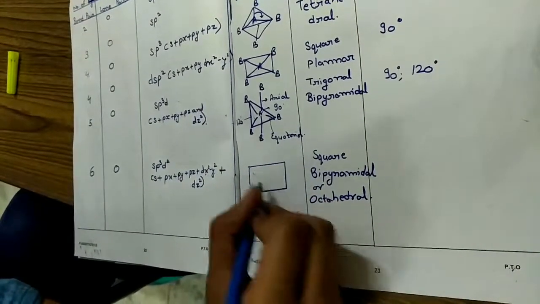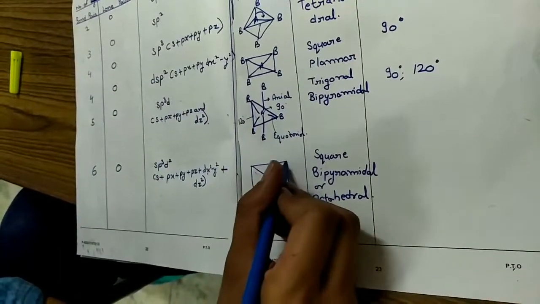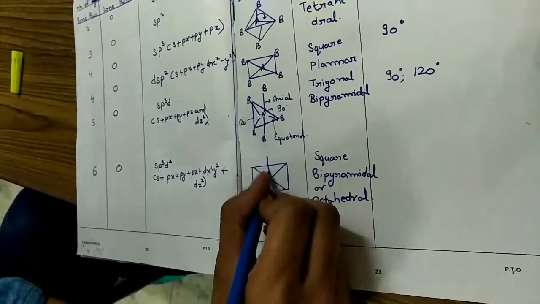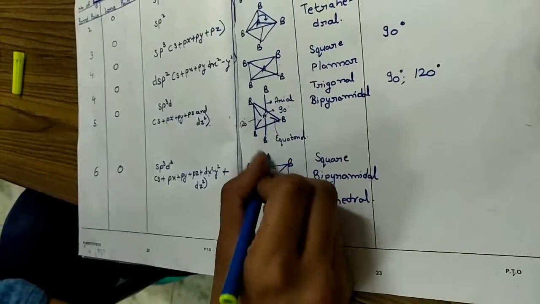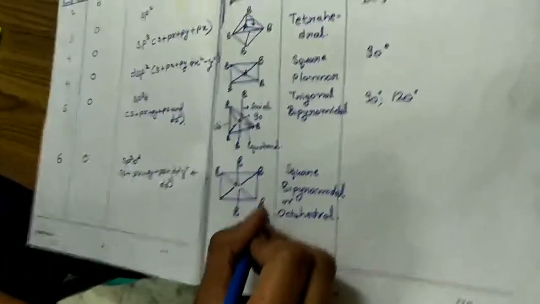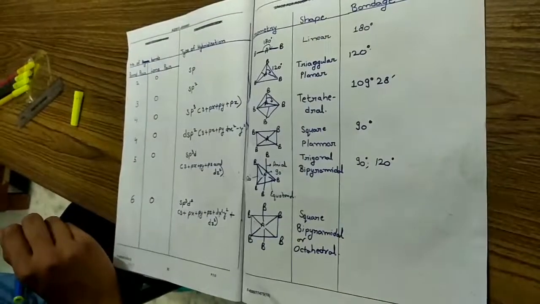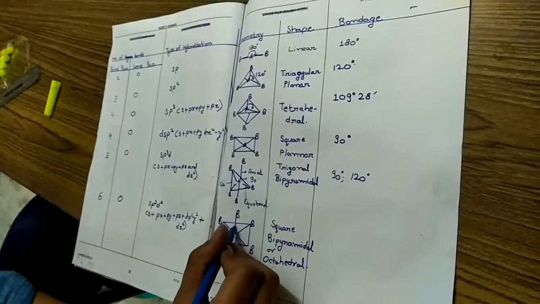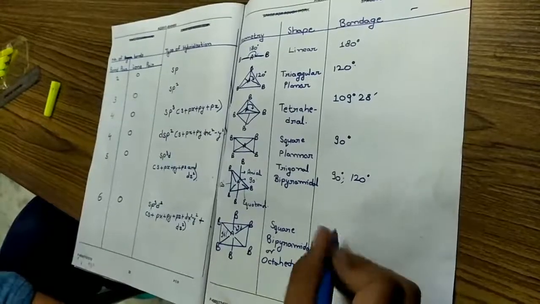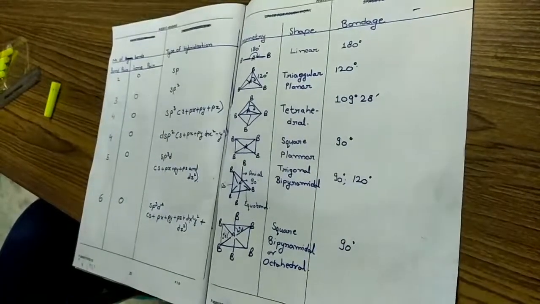We have 6 bond pairs, so here will be A with six B's. Again, these are axial and these are equatorial. The angle here is 90 degrees and this angle is also 90 degrees, so we have just one angle, that is 90 degrees.